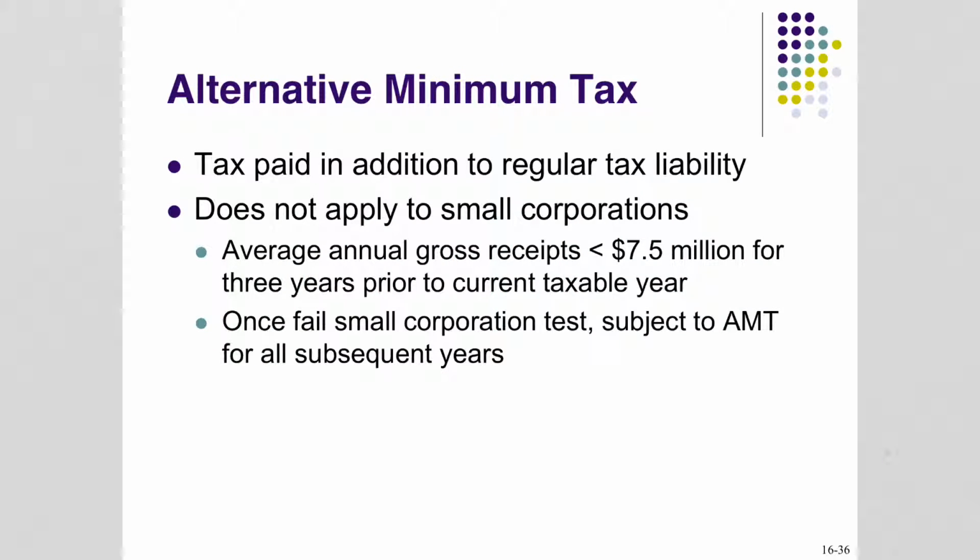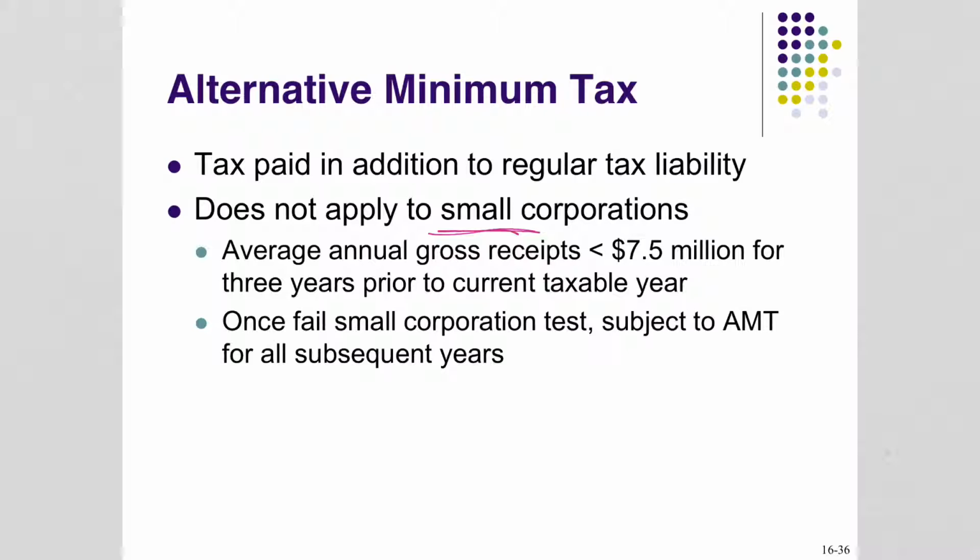Then we come to alternative minimum tax. I mentioned at the beginning of this video that there are reasons why we're going to go through this quickly, and that is we are not going to cover the alternative minimum tax for corporations at this time. It doesn't apply to small corporations, number 1.